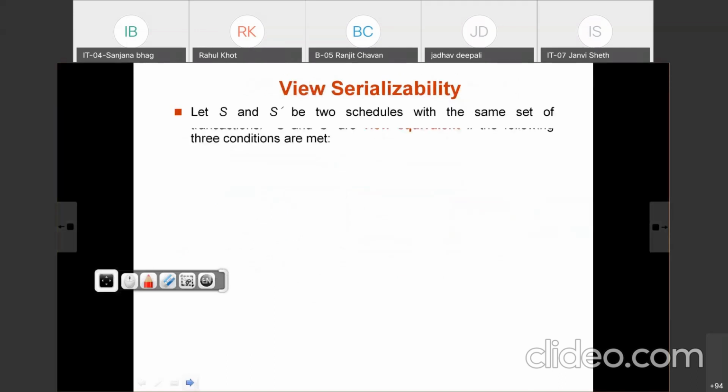Okay. So view, as its name suggests, is only the view here; conflicting and all these things are not here. We are only going to look at the first schedule, the concurrent schedule, and the second schedule, and check whether these are equivalent to each other according to the view. So what is view serializable?